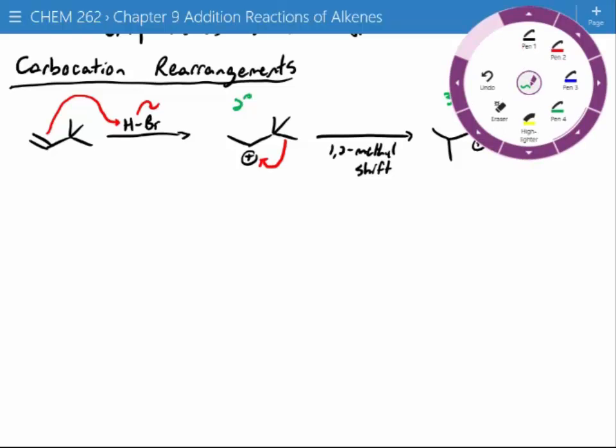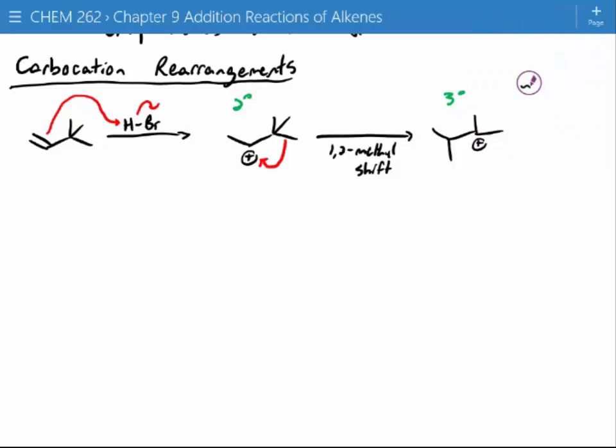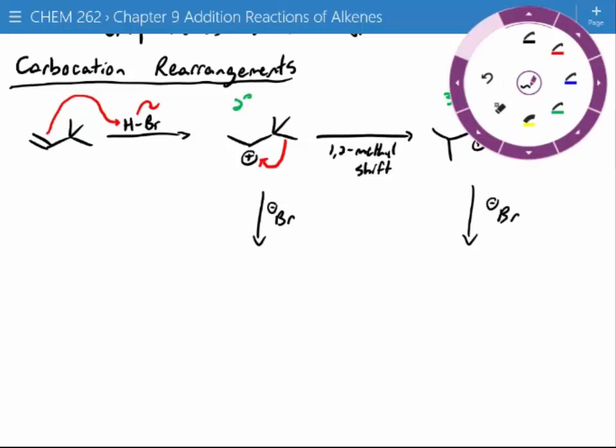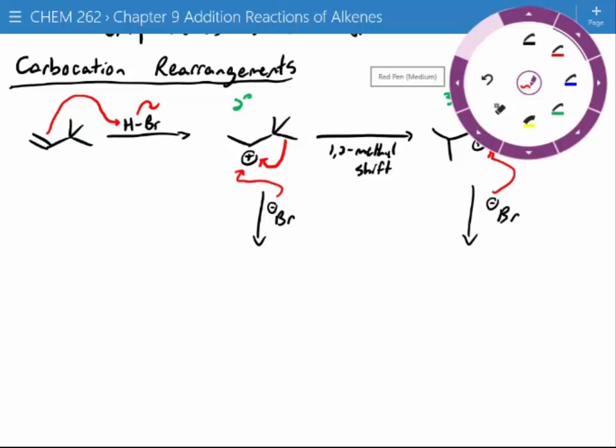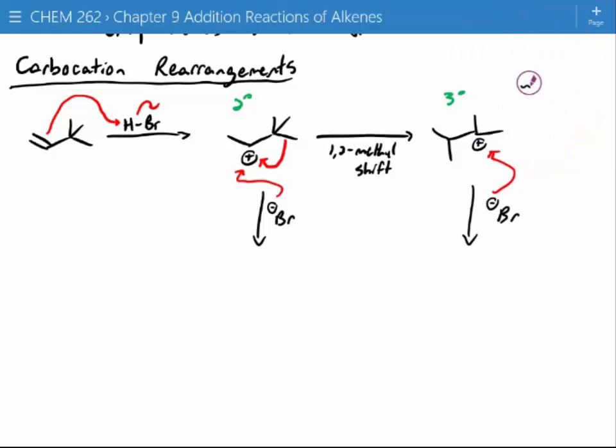So the next step, we'll have our bromine add in, and the reality is that this rearrangement sometimes doesn't completely occur, so you can get a little bit of bromine reacting with the secondary carbocation. It's not a perfect reaction. So if we do this, this can attack from there or there. When we do this, we can draw it out.